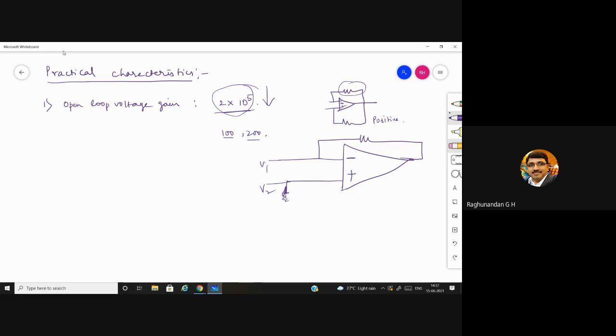Okay, 1000 times the input, but this is 2 lakh. So that is too high. So we always go for negative feedback to reduce the gain. If you go for positive feedback, it will further increase. That is the reason.